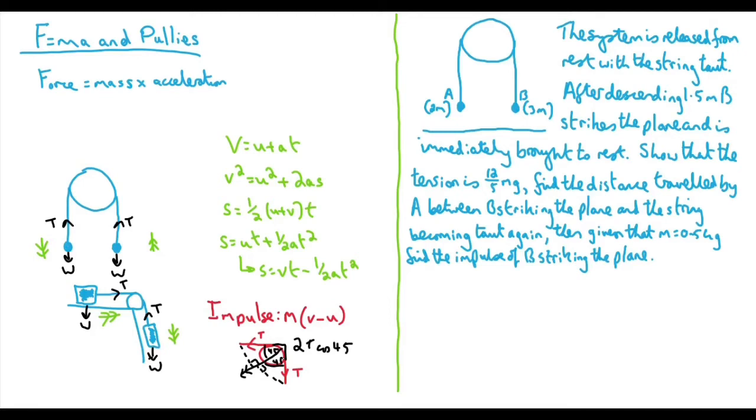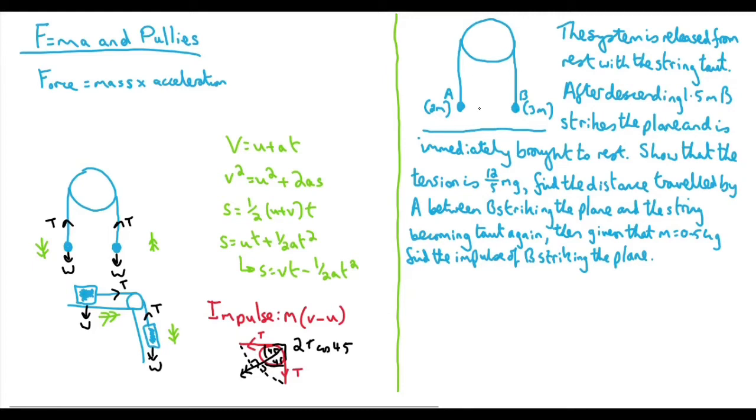To get into the actual examples then, just to experience what it means to be applying these concepts in context, we have here an example of a pulley on the top with two particles hanging down from it, particle A and particle B, where A has a mass of 2m, we don't know what m is, and B has a mass of 3m. The system is released from rest with the string taut, so that means there's tension in the string.